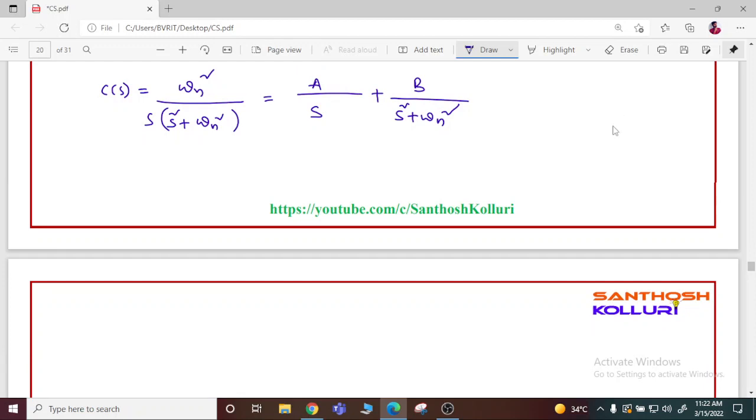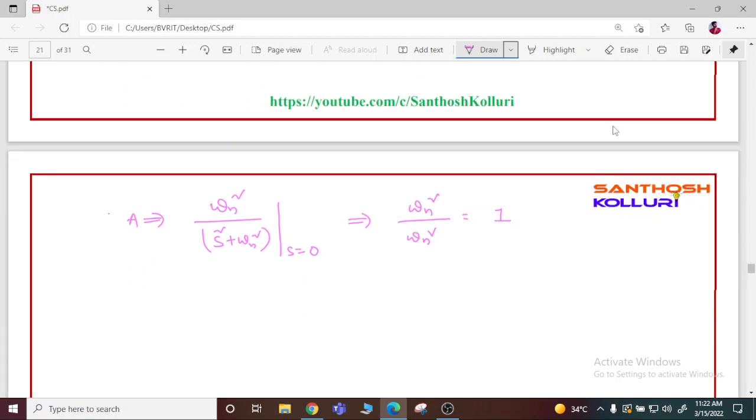So, a can be obtained as omega n square divided by s square plus omega n square by putting s is equal to 0. So, therefore, it will become omega n square by omega n square, which is equal to 1.